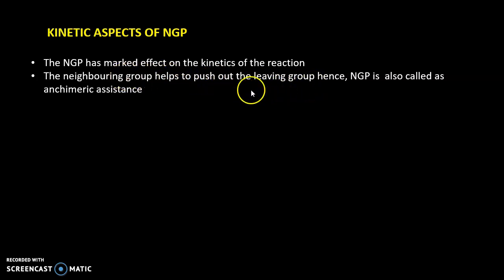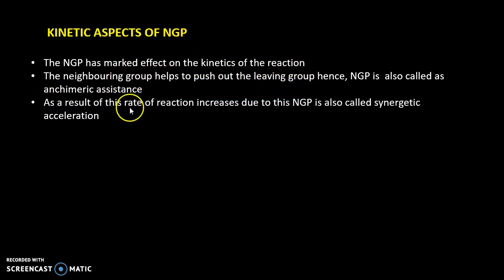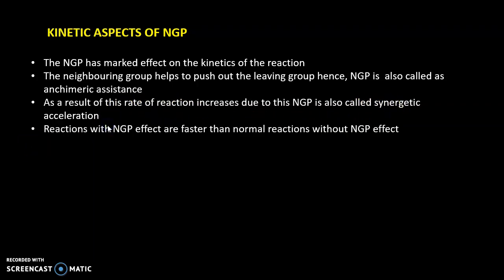And what happens due to this? The rate of reaction increases. So it is called anchimeric assistance, and also synergetic acceleration. So we can say that reactions with the neighboring group participation effect are faster than normal reactions without this effect.